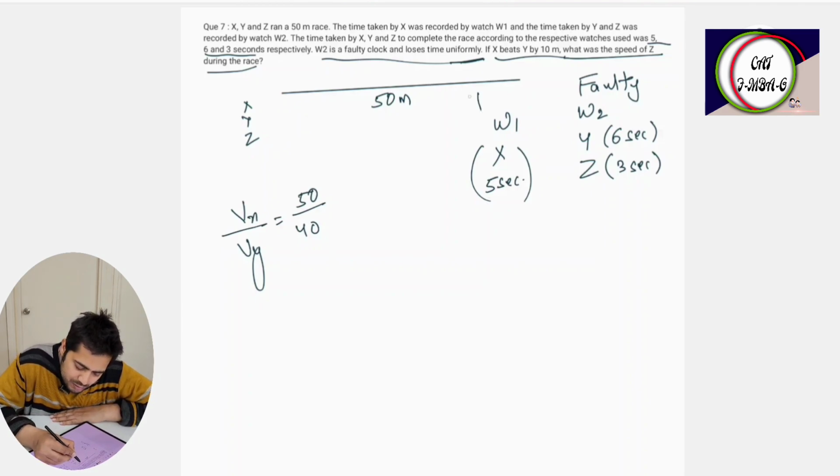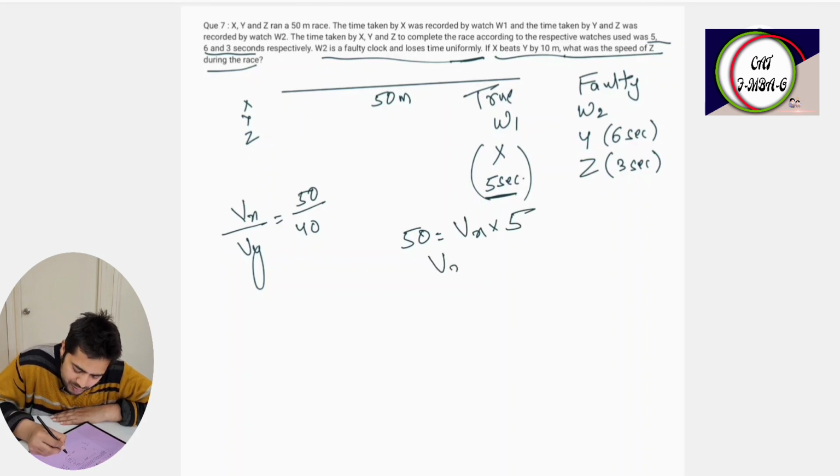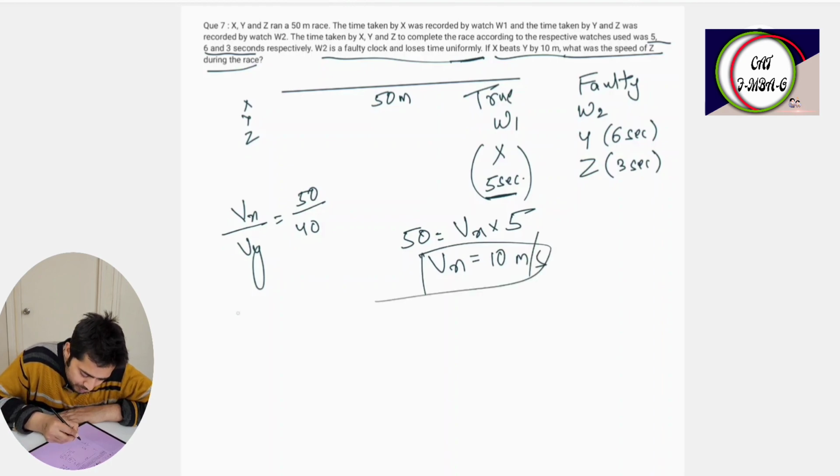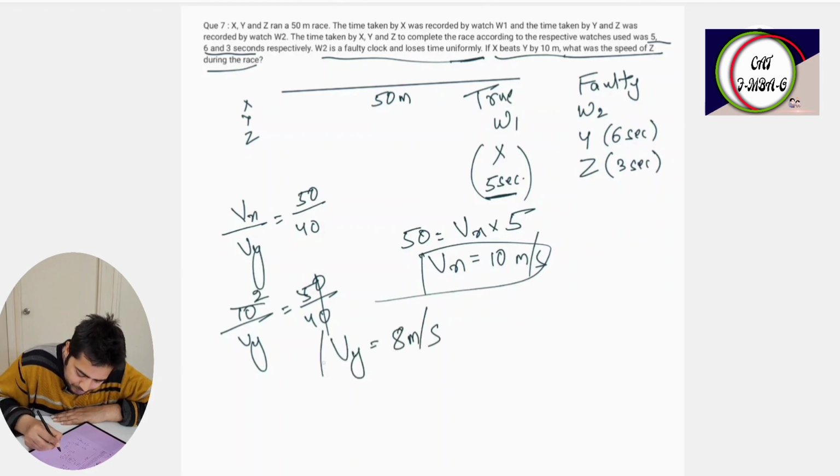Now watch 1 is correct. So distance is equal to Vx into time, 5 seconds. Vx is equal to 10 meters per second. So 10 by Vy is equal to 50 by 40. So Vy is equal to 8 meters per second. Okay.